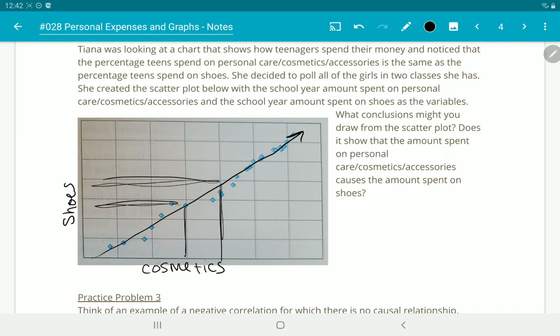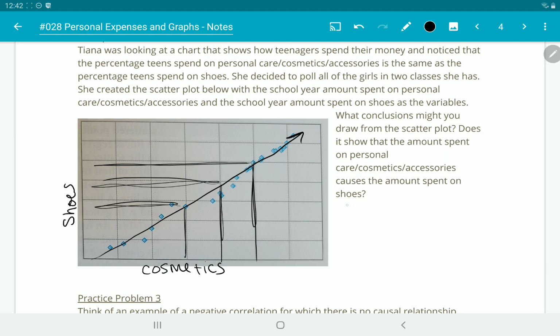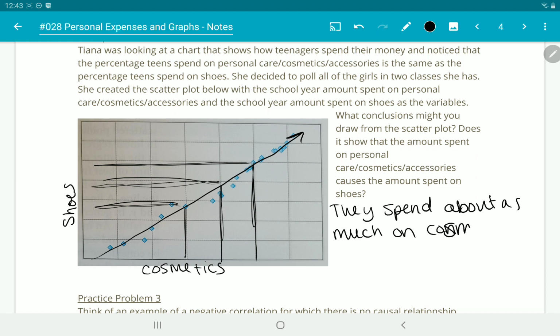See, every one, they look to be almost the same. They spend about as much on cosmetics and personal care as they do shoes.